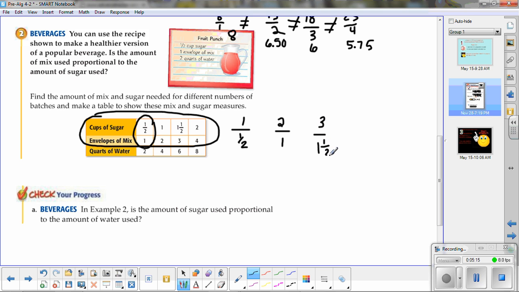We want to see if these are the same thing. If you were to simplify these, 1 divided by a half is 2. 2 divided by 1 is 2. 3 divided by 1.5 is also 2. These are all equal. Since those are equivalent ratios, when comparing like this, then it is proportional. So this is yes, it is proportional.